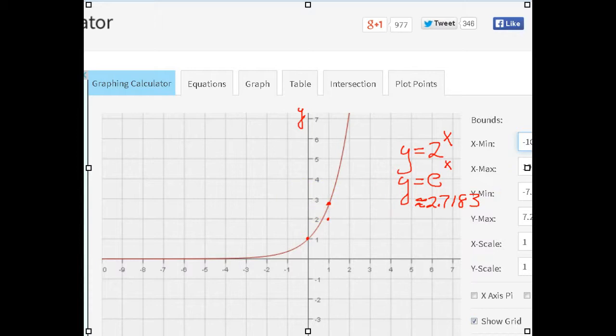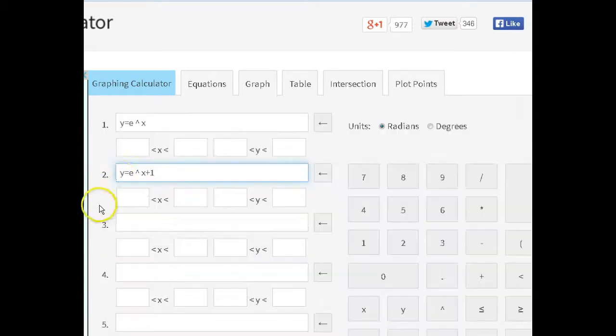Now, let's take a look at what will happen if we put in the one they're asking in this graph, that it's going to be y equals e raised to the x power plus 1.